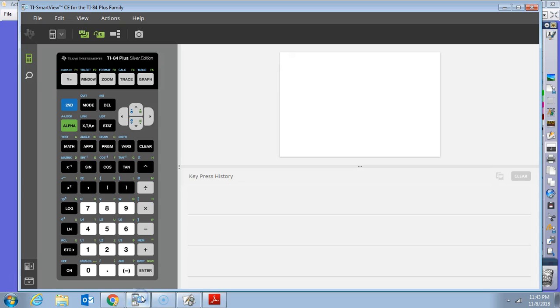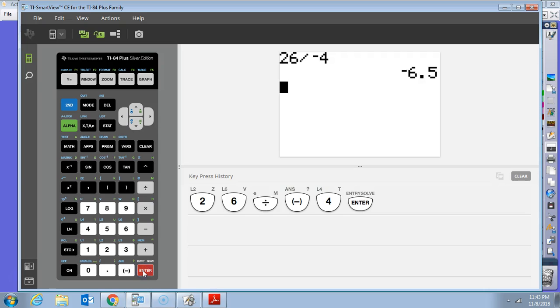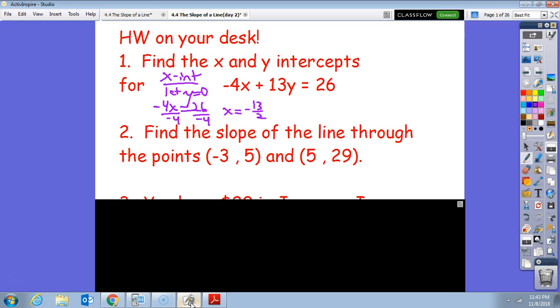If you go to your calculator and you do 26 divided by negative 4, you get negative 6.5. Math, enter is how I changed it back to a fraction of 13 over 2. But don't forget, you need to write your answer as a point.